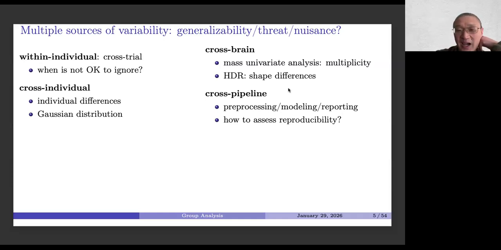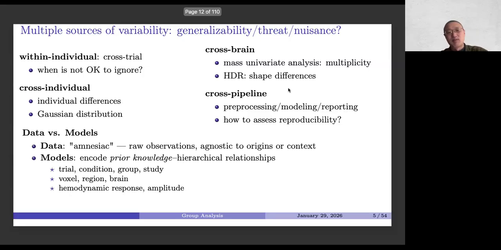Then there's the cross-pipeline issue: different preprocessing, different software packages, different modeling strategies, different reporting styles. That creates another variability. That is for reproducibility, not necessarily for each particular study, but for the whole field. That creates a problem.